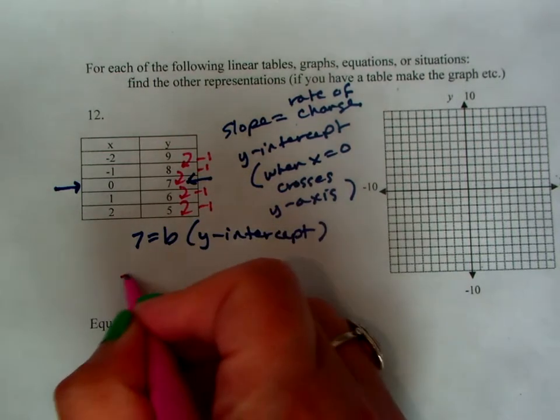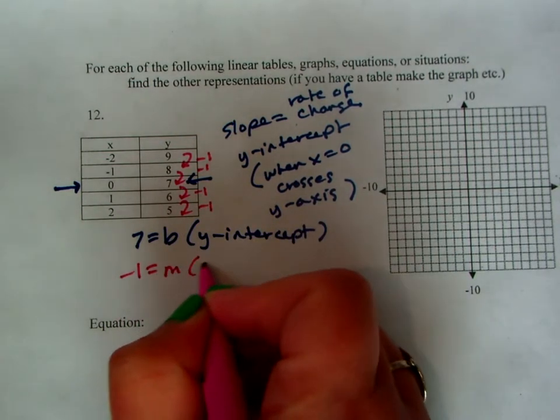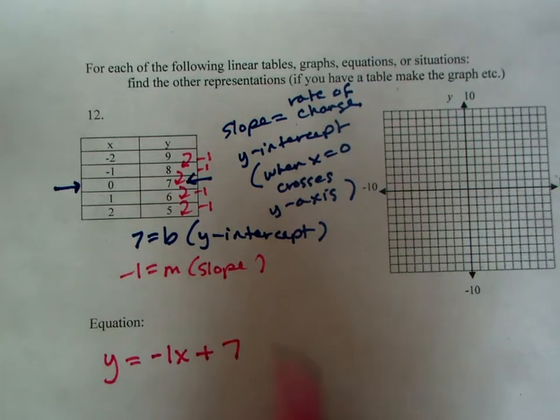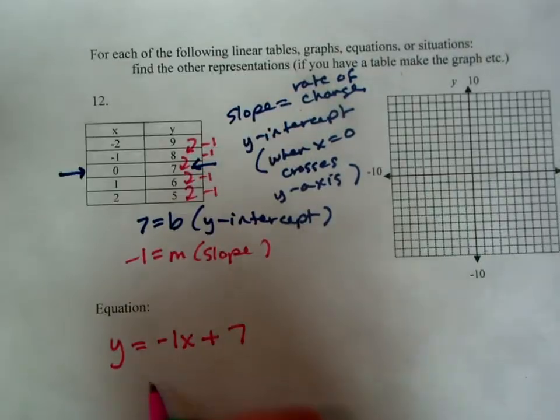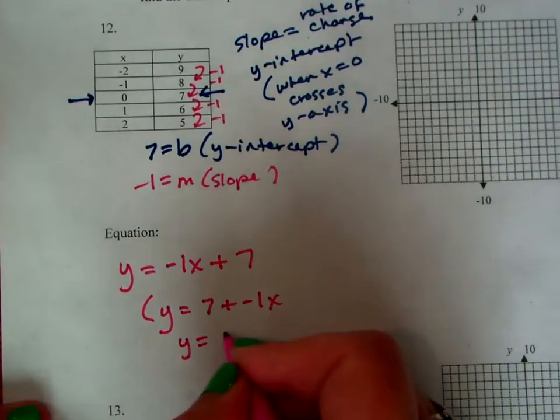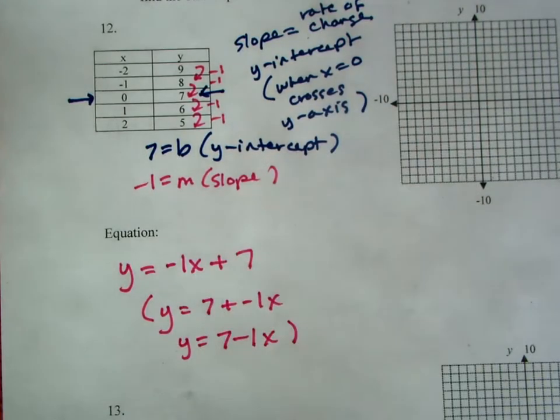And that's going to be your slope. So when I write the equation, I would just write y equals -1x plus 7. Okay, it can be in the other order if you'd like. 7 plus -1x, or 7 minus 1x. Those are both fine.